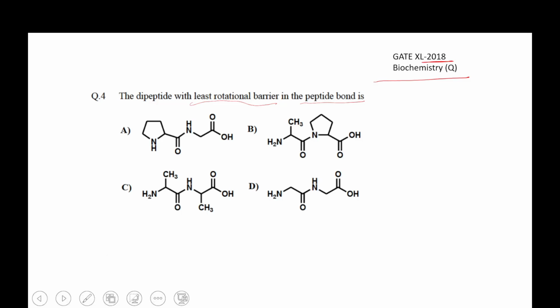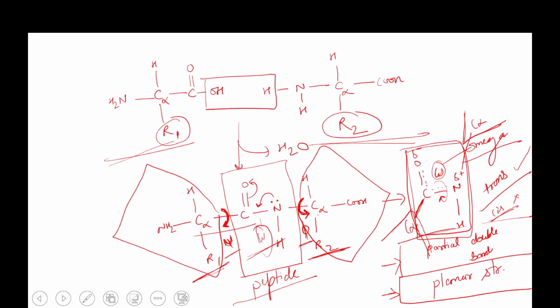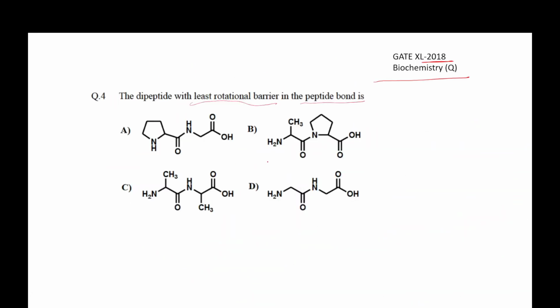So here I'd also like to add about proline. As we can see here, proline is involved, right? Generally we have, like this also I can write, the peptide bond structure.